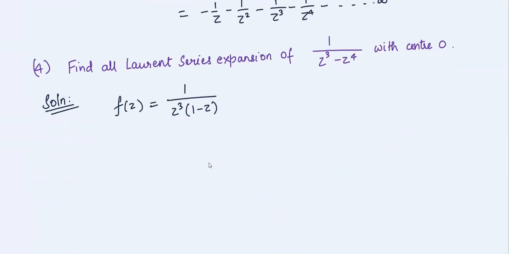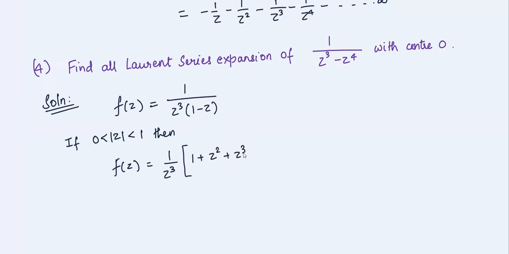So now if mod of z lies between 0 and 1, then f of z is 1 by z cube times 1 plus z plus z square plus z cube, up to infinity. Now this will be 1 by z cube plus 1 by z, and so on.